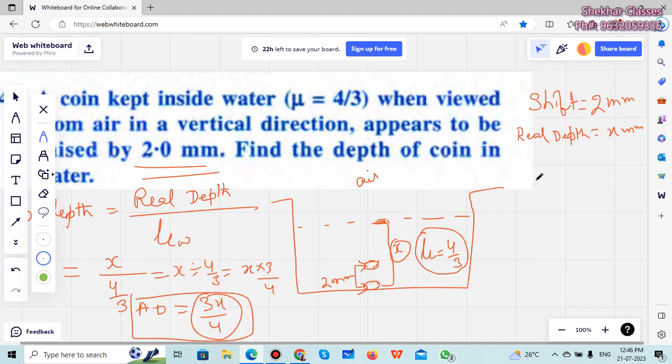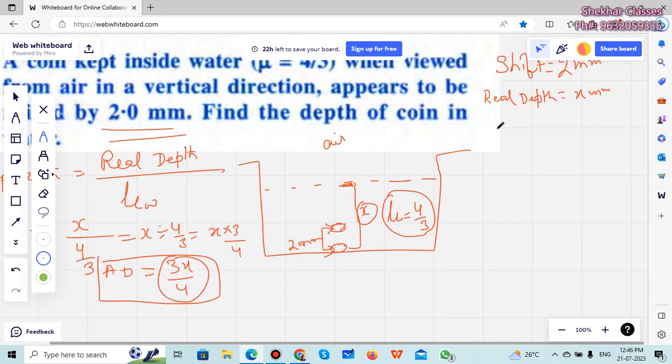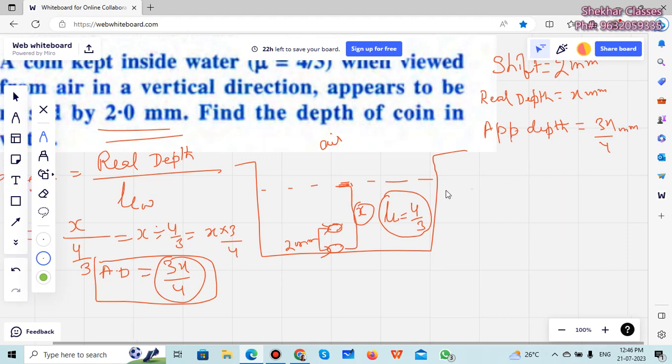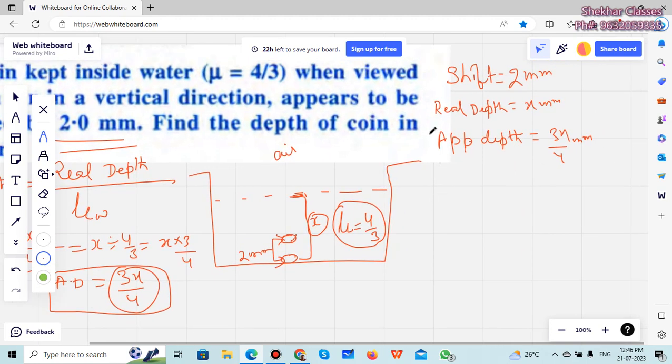And apparent depth we have got is how much? 3x/4 mm.